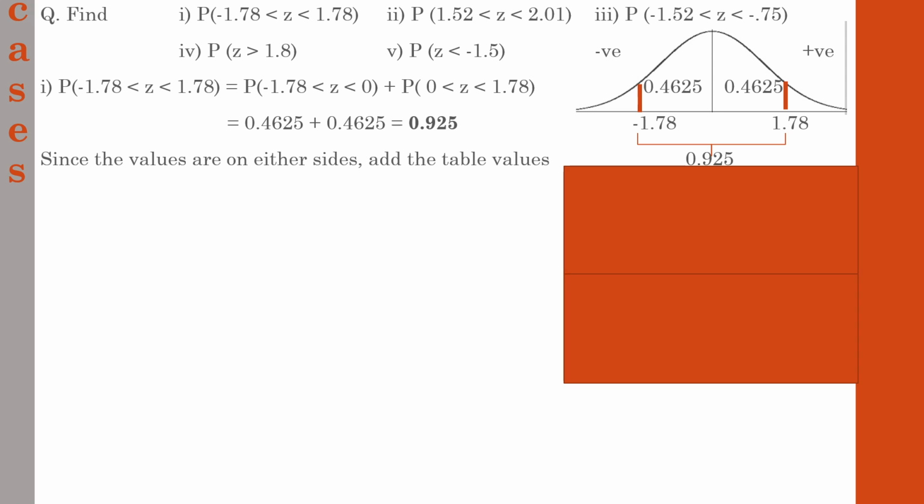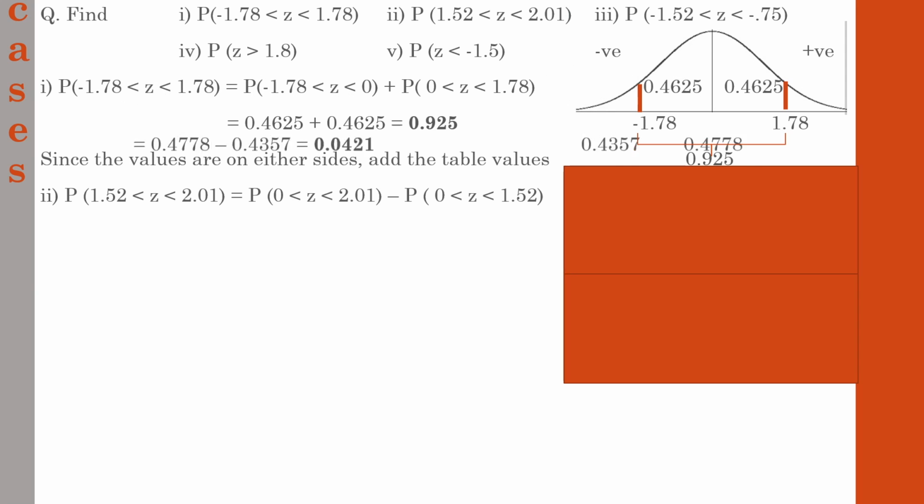And the next one is when the probability is given as 1.52 less than z less than 2.01. You may think that here both are positive. The meaning is that these two represent positive values. So positive values means they are shown on the same side, and same side means the right side of the bell diagram.